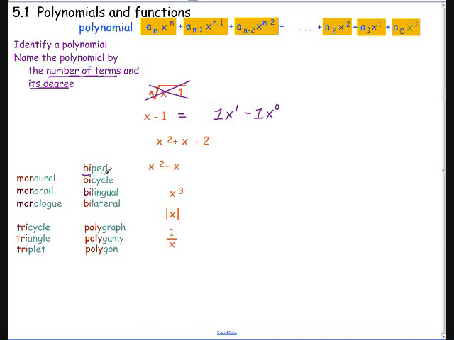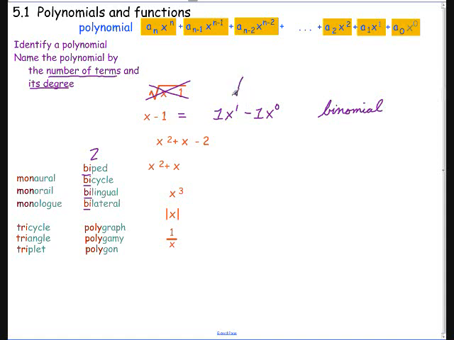Just like we are bipeds, or ride a bicycle that has 2 wheels, are bilingual, we speak 2 languages, are bilateral, we can use both hands. So for 2 terms, it is a binomial. Then the degree.